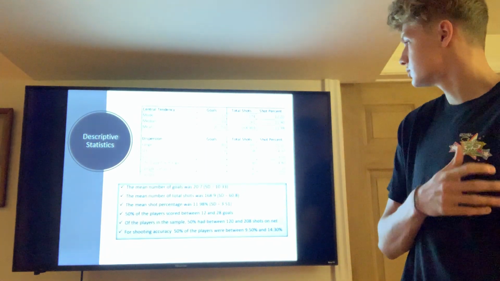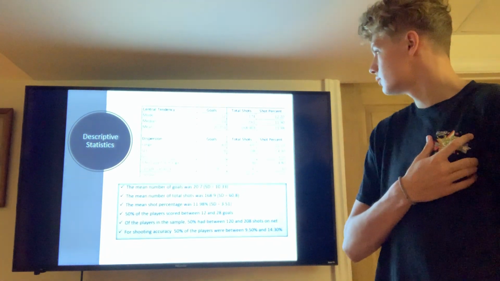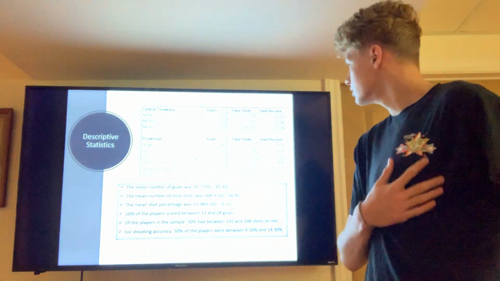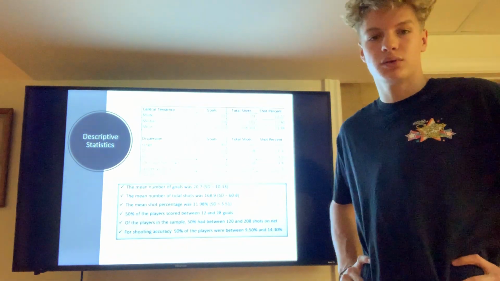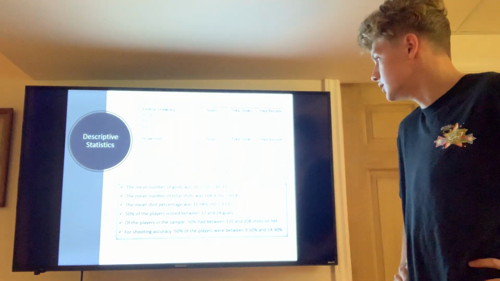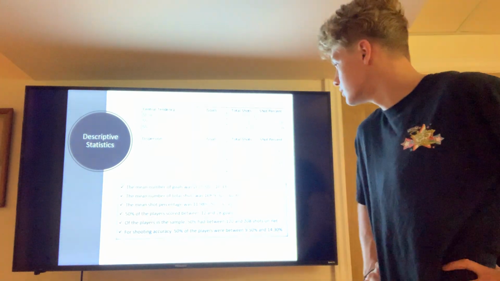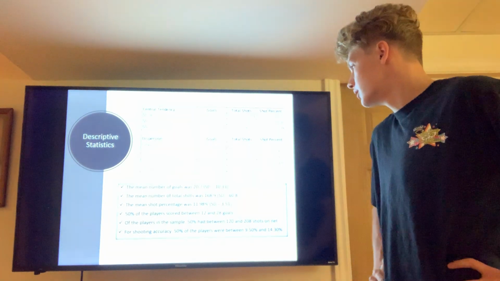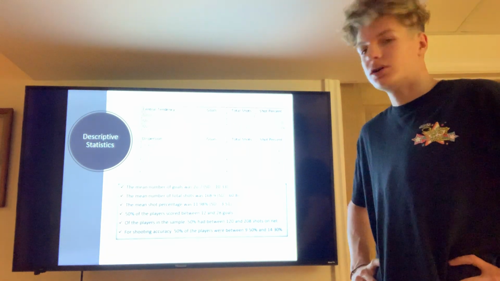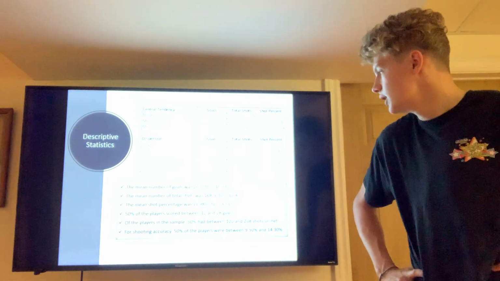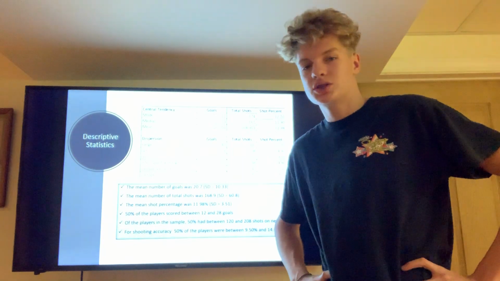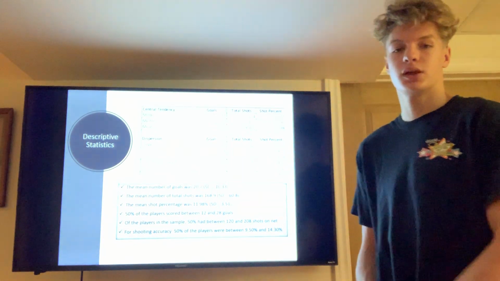For total shots, the mode was 174. The median was 161. The mean was 168.903. The range was 305. The interquartile range was 88. The sample variance was 3702.45. And the sample standard deviation was 60.85.